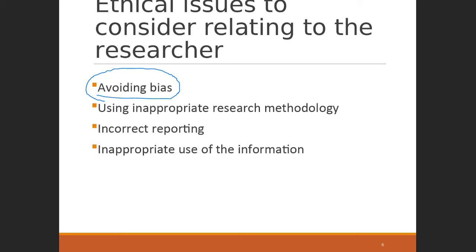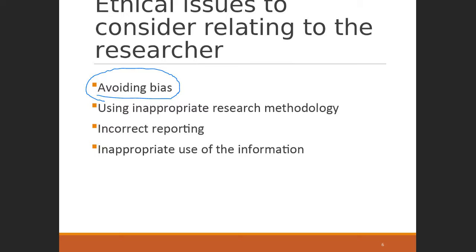Bias, on the other hand, is a deliberate attempt to hide what you have found in your study or to highlight something disproportionately to its true existence in your findings. So you're trying to hide something which you have found, or you're trying to show something which you have not found. So, you should avoid bias of any kind if you want to become a good researcher in your field.